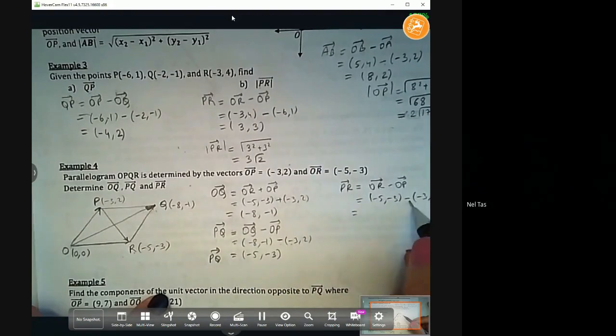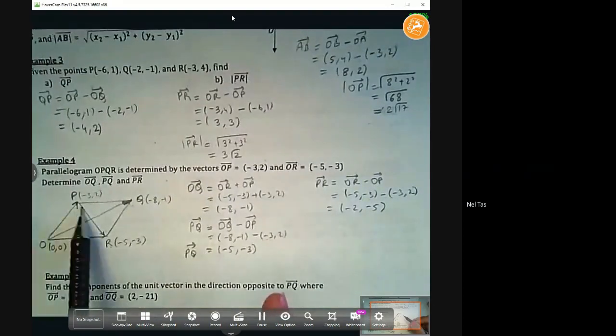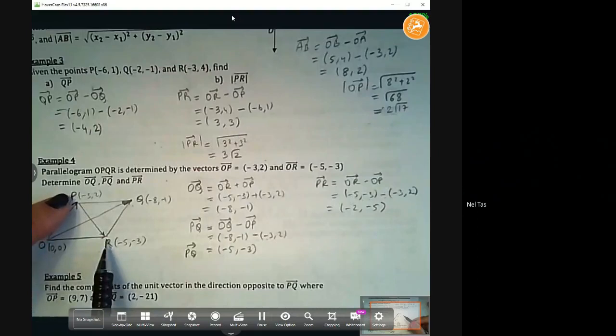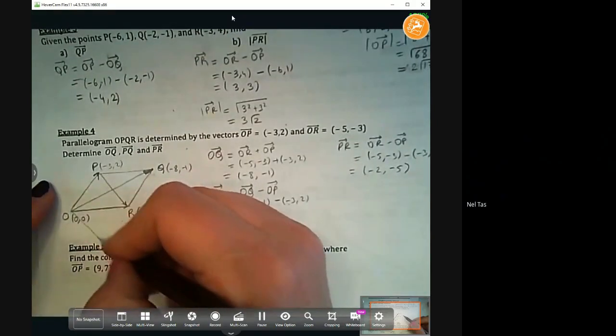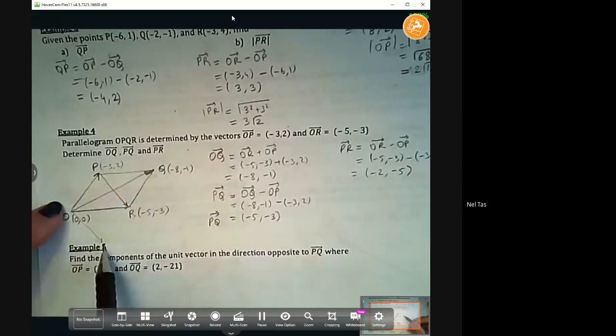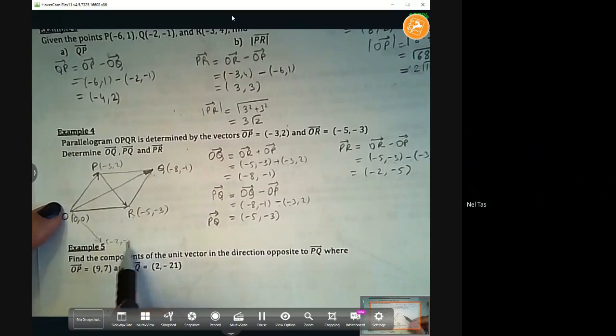So -5 minus -3 is -2, and -3 minus 2 is -5. And of course, you get it as a position vector, its tail is at origin. So when you get PR vector, you actually get one that is equivalent to PR, so that its tail is at origin, and this point would be (-2, -5).